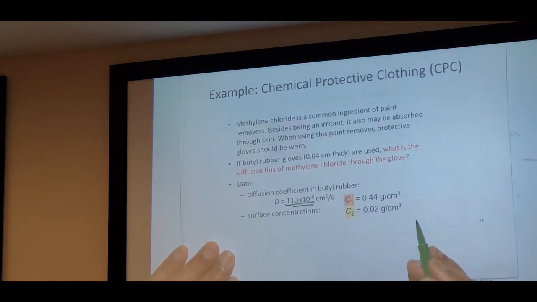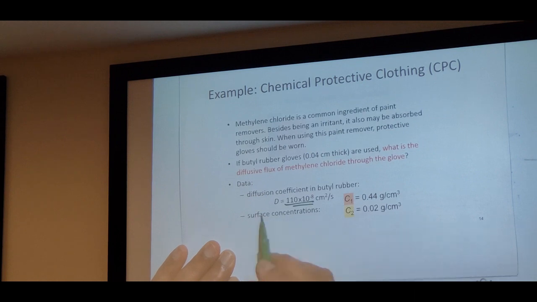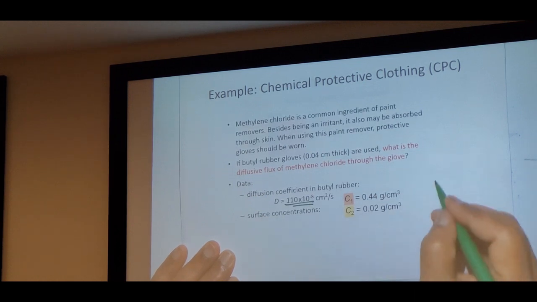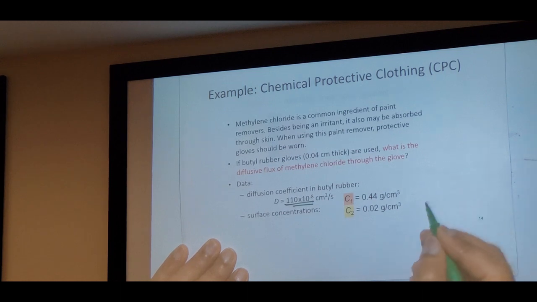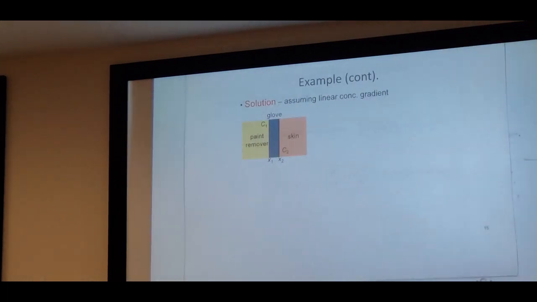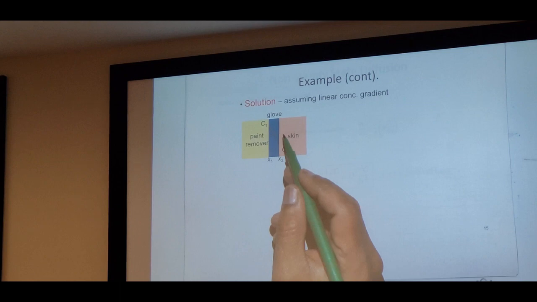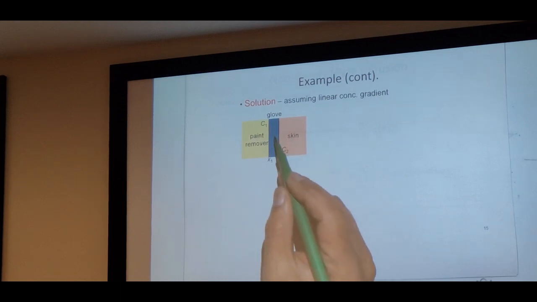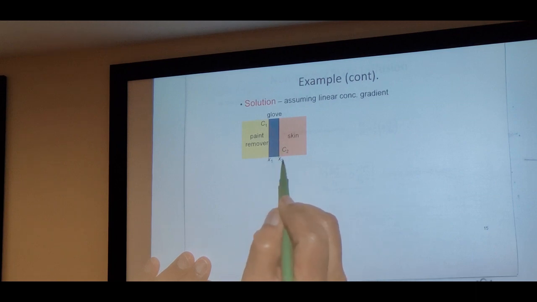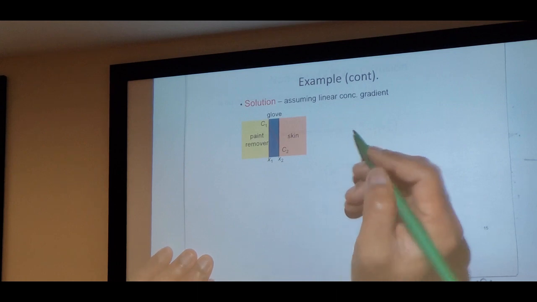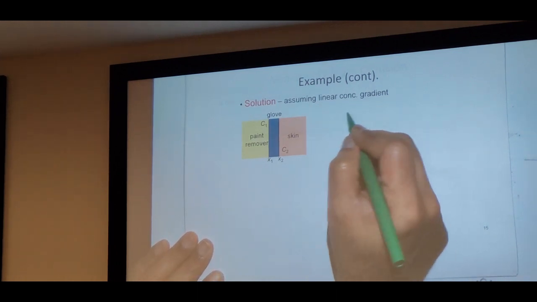So what is our equation? The diffusivity is given here, and this is exactly the thing. The gloves: this is C1 and this is C2. This is the skin, and this is the thickness of your gloves, X1 and X2. So J is equal to, what is the equation?